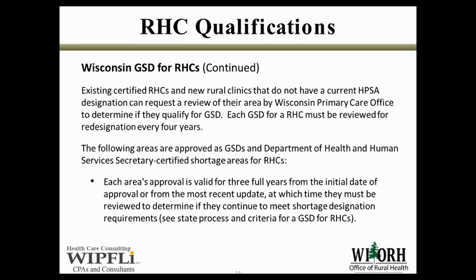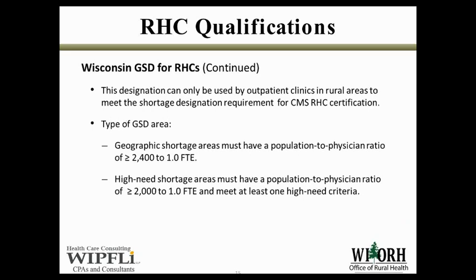Each area that is approved for shortage area status at the state level is valid for 3 years from the initial date of the approval, and it can be used for then developing and retaining rural health clinic status in that particular location.